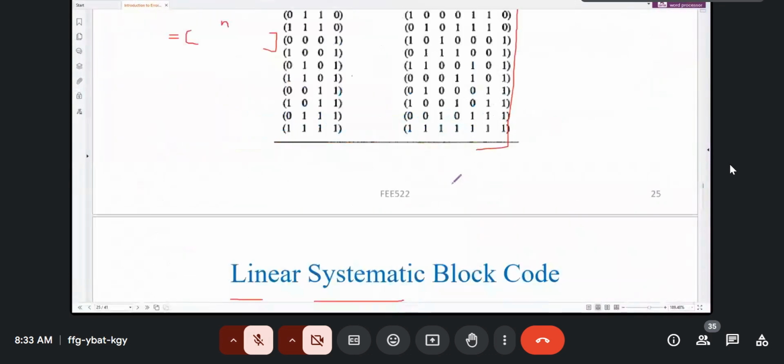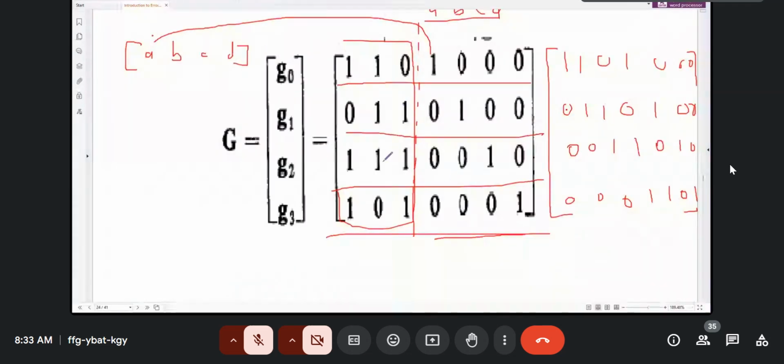So you have a K by K identity matrix, and then of course you have a K by N minus K P matrix.